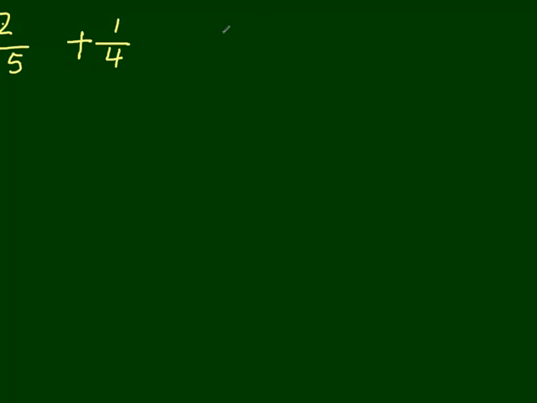The denominators have to be the same before you add or subtract. Now we use different strategies to make these denominators equal. One of the common ones is to use the lowest common multiple of 4 and 5.